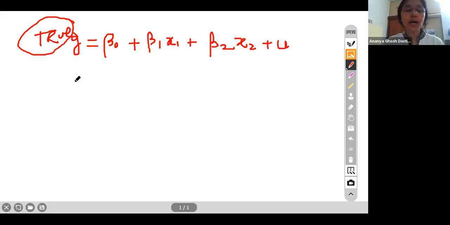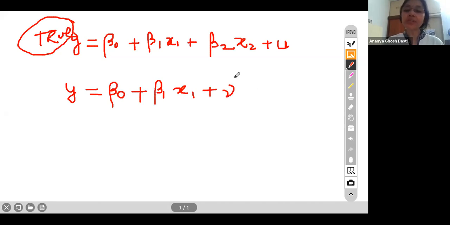But you are doing what? You are just regressing Y on X1 because you're not interested in X2. Now the errors from this model, mind you, is new. It is not U. So this is what you are doing. Okay.